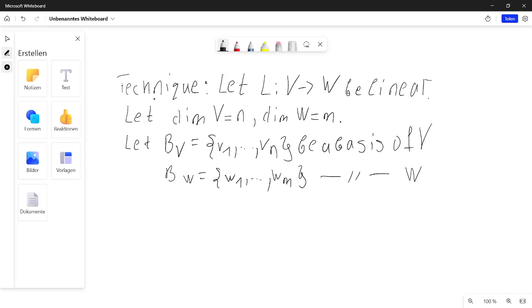So here stands the same: be a basis of W. Mathematicians are too lazy to write such things out.